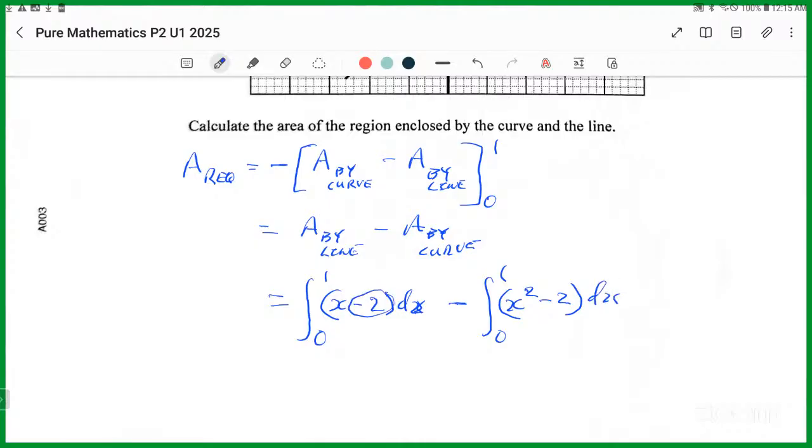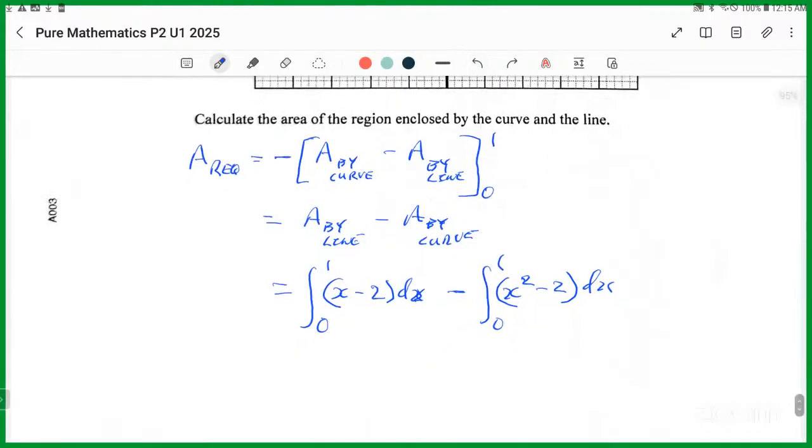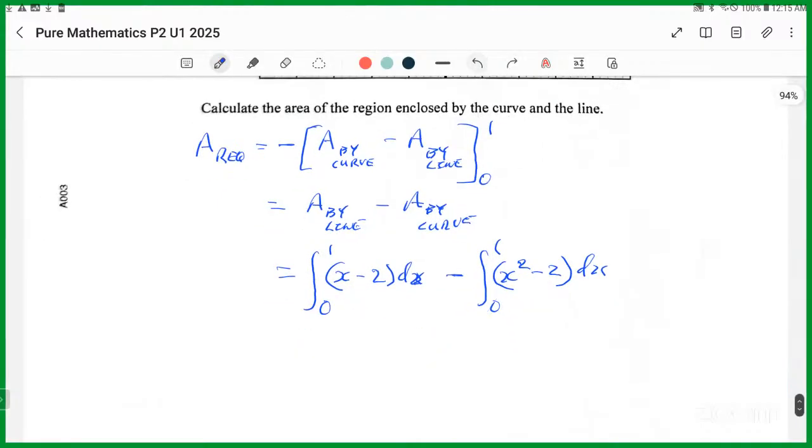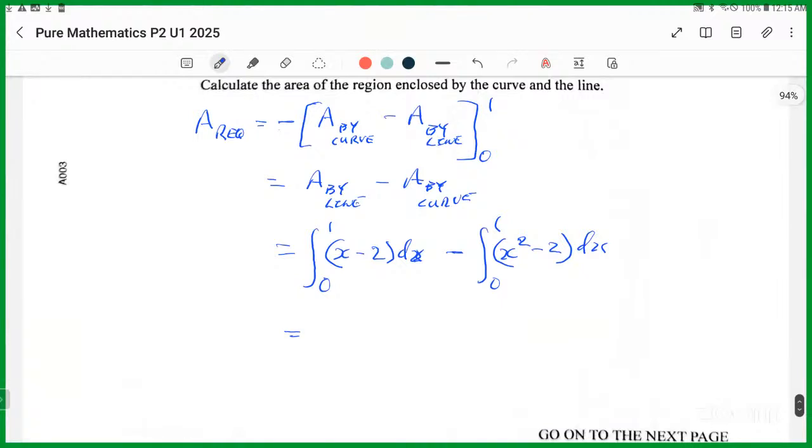So minus 2, we have minus the minus 2, then the 2s are gone. There's x minus x squared, and then one integral. So it becomes the integral from 0 to 1 of x minus x squared dx.